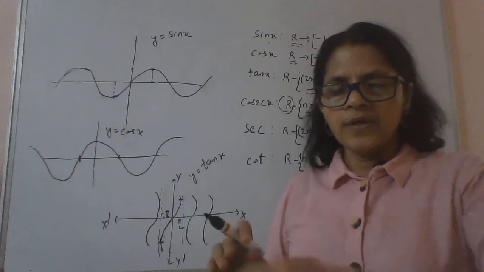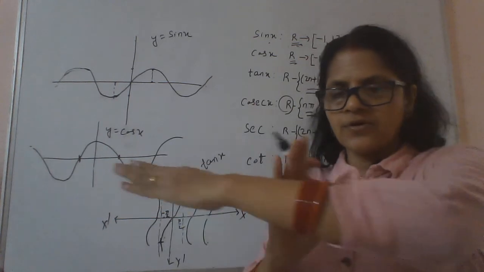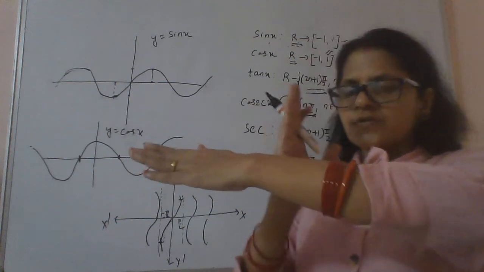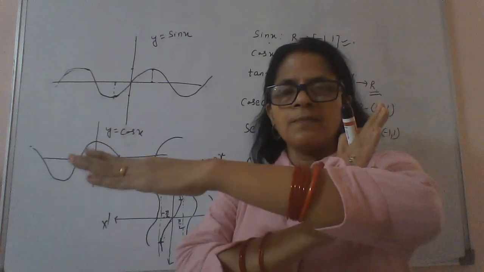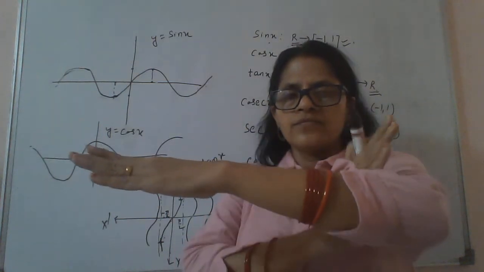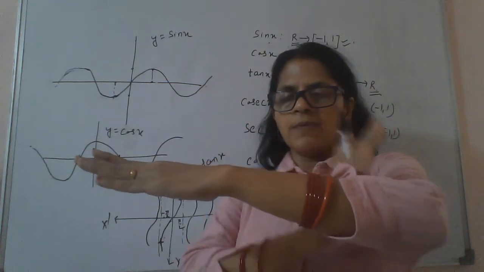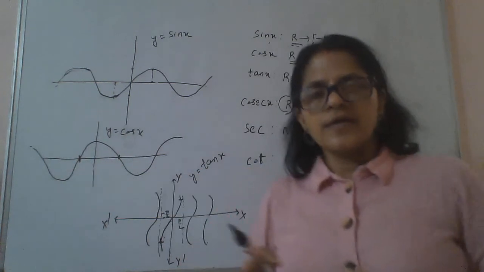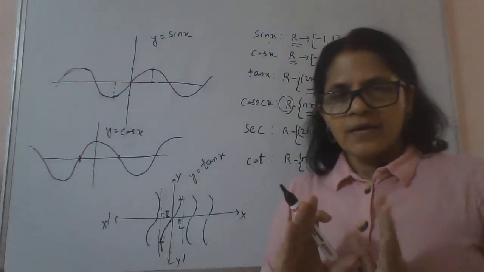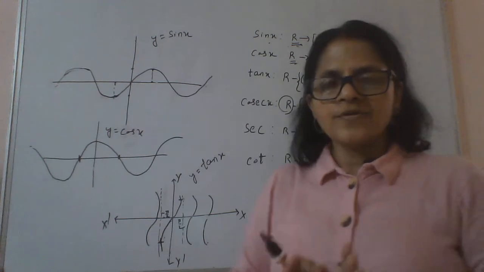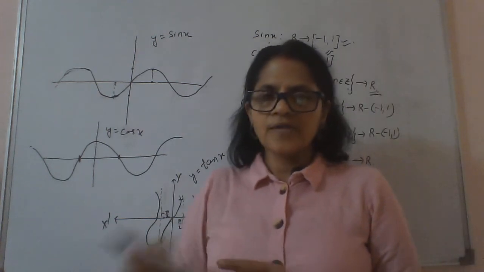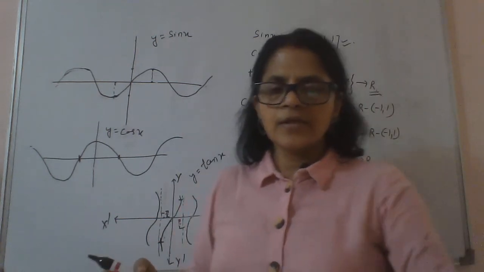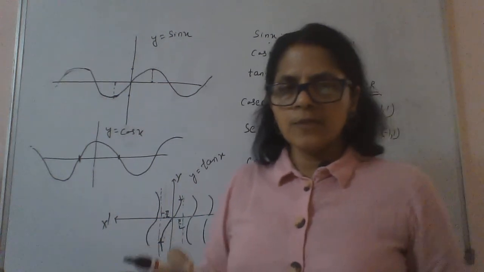It means whenever you take cosec x, sin x is 0 on the x axis: sin 0, sin pi, 2 pi, 3 pi, 4 pi, 5 pi, like this. So on the x axis sin x is 0, right? So cosec x is not defined. On the x axis means any multiple of pi.